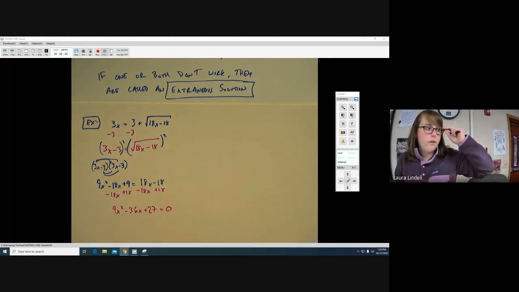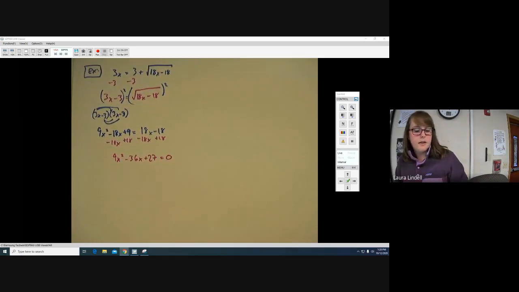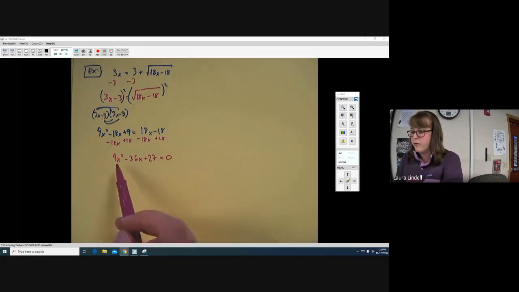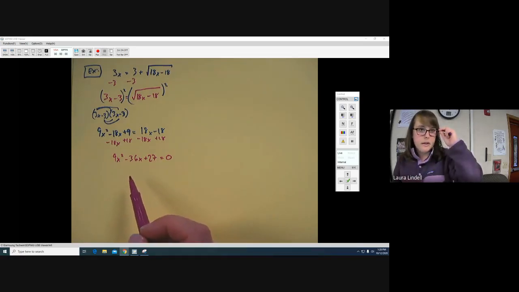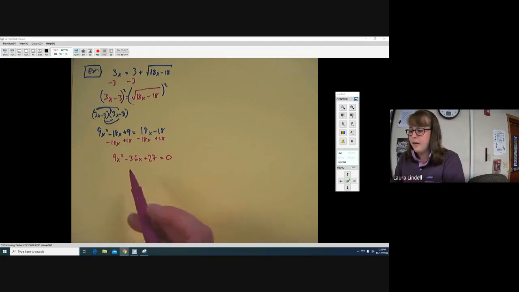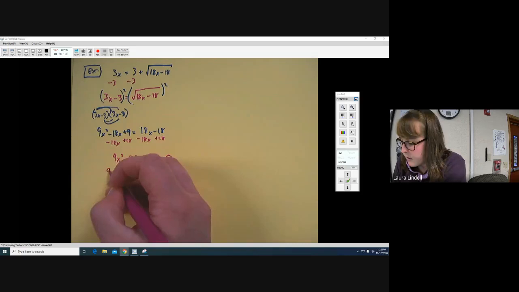And now we have a quadratic. And the nice thing is here, if we're going to factor this versus do the quadratic formula, you can do the quadratic formula here. They're just really big numbers, so it might be a little bit easier if you first factor out a 9, because they all have 9 as the greatest common factor.